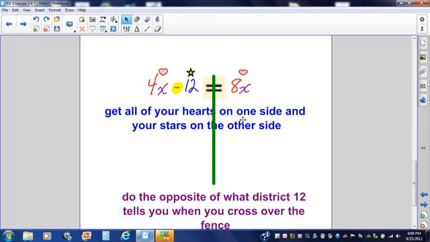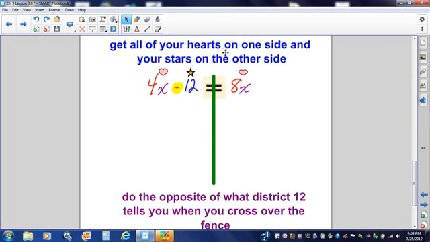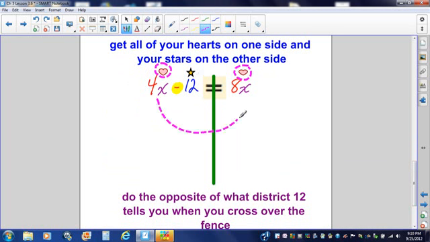Remember, my goal is to get all of my hearts on one side and all of my stars on the other. So, check it out. I have a heart here and I have a heart here. I'm going to take this 4x and move it over to this side, because once I do that, I will have a star on one side and a heart on the other.